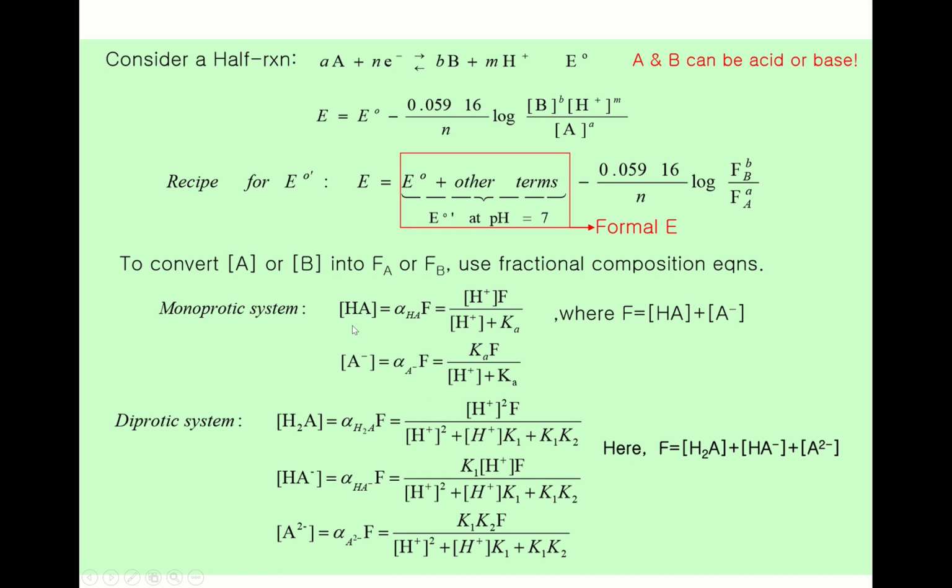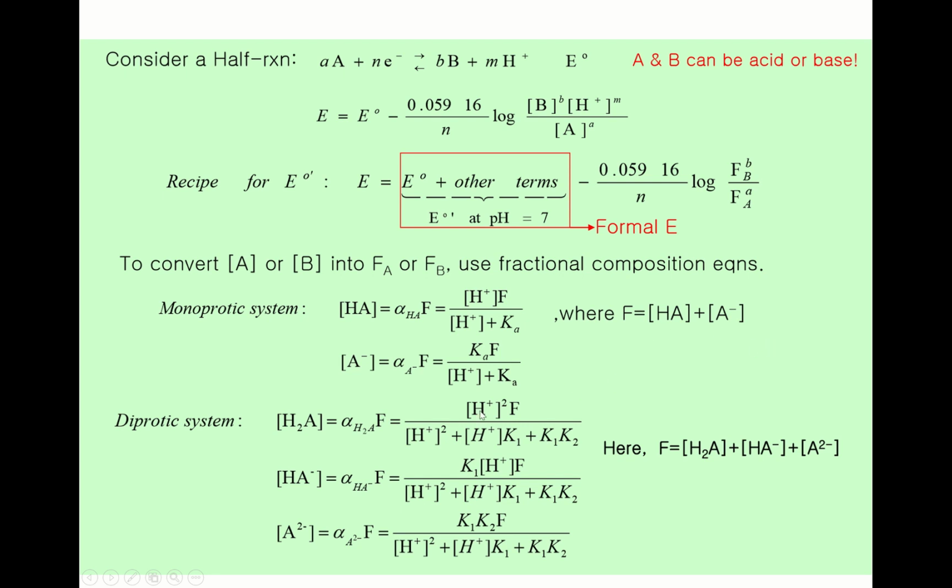The equilibrium concentration of HA equals alpha HA multiplied by F, given by this simple equation, and the concentration of A minus is alpha A minus times F. Here the formal concentration is the sum of the equilibrium concentrations of HA and A minus, from the mass balance.